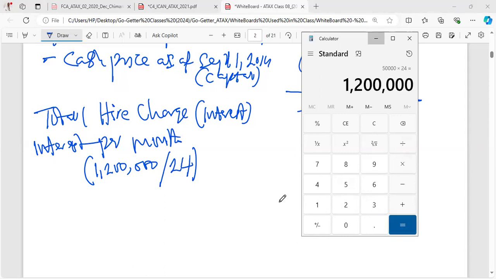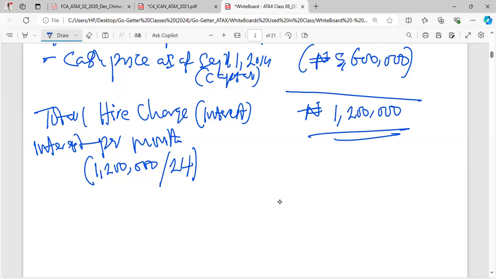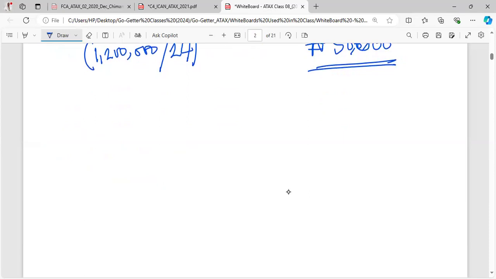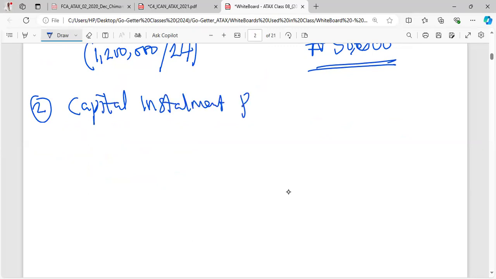So it's 50,000. 50,000 is your interest per month. That's workings number one. Workings number two is capital installments per month.